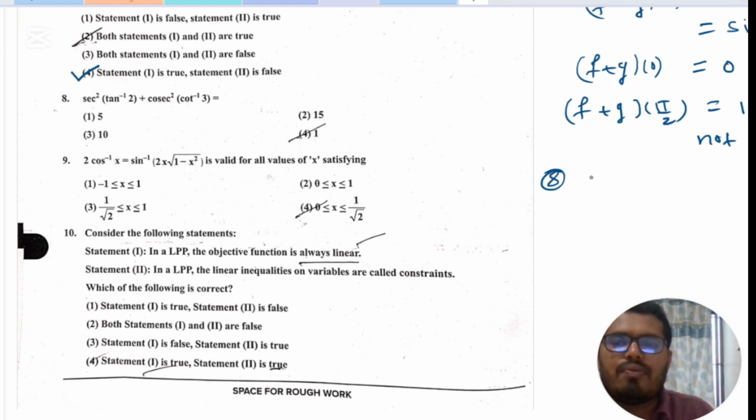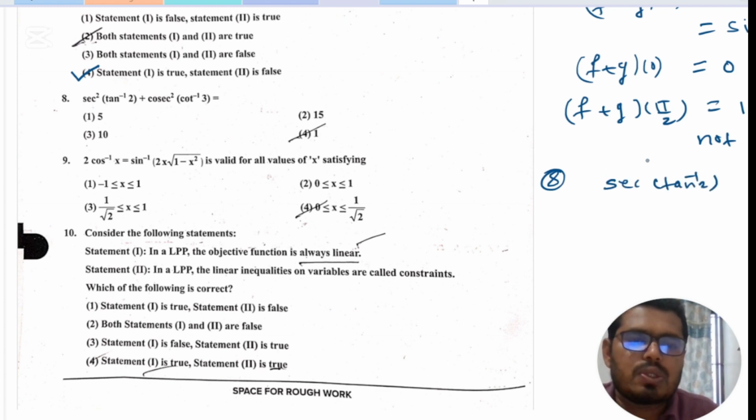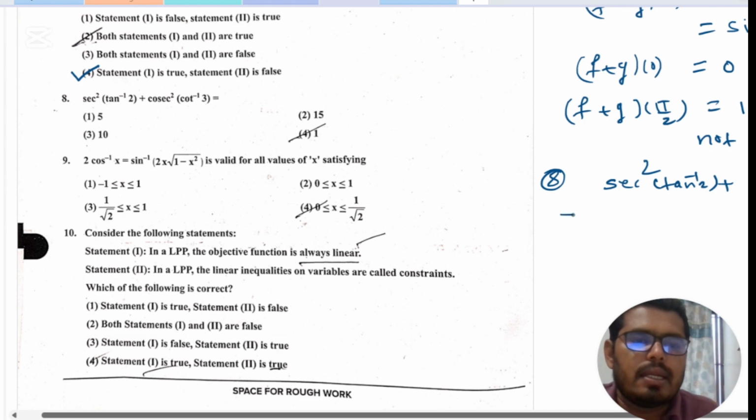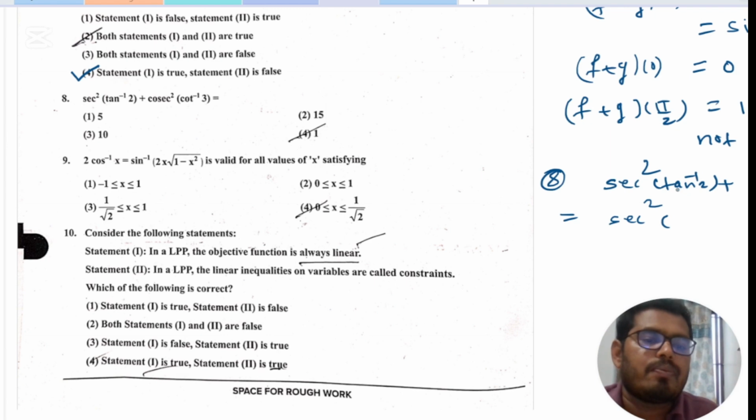First of all, sec of tan inverse of 2, its square, plus cosec square of cot inverse of 3. Keep sec square as it is, and for this tan inverse of 2, use a triangle.